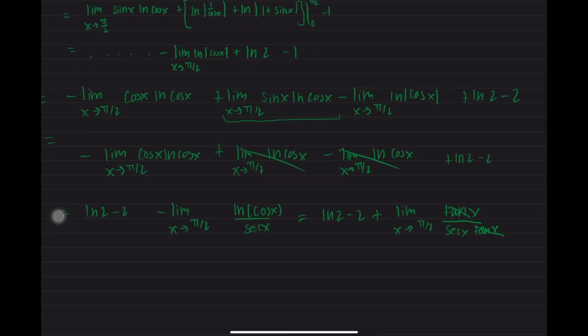We get ln of 2 minus 2 minus the limit as x approaches pi over 2 of 1 over secant x. Well, 1 over secant x is the same as cosine x. So this is the limit as x approaches pi over 2 of cosine of x. So this is just 0. So we have ln 2 minus 2, and that is the value of our integral.